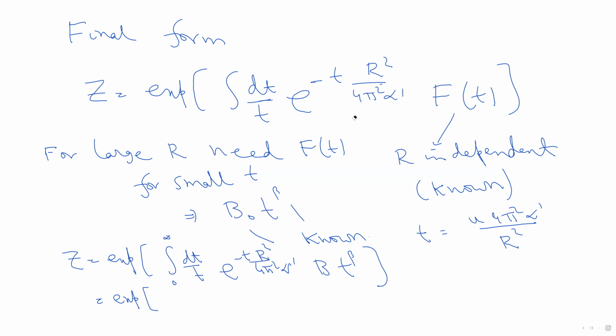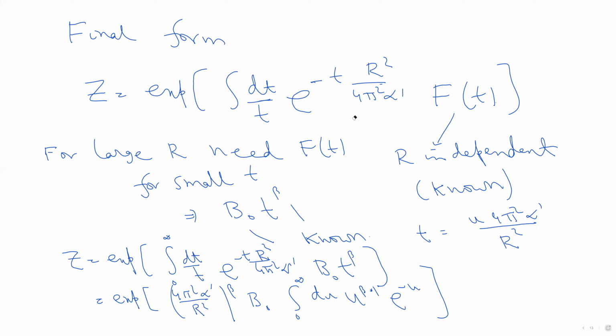So dt over t becomes du over u, this becomes e to the minus u, and only the t to the beta, when you write in terms of u, will get some value involving 4 pi square alpha prime over r square. It's some gamma function.